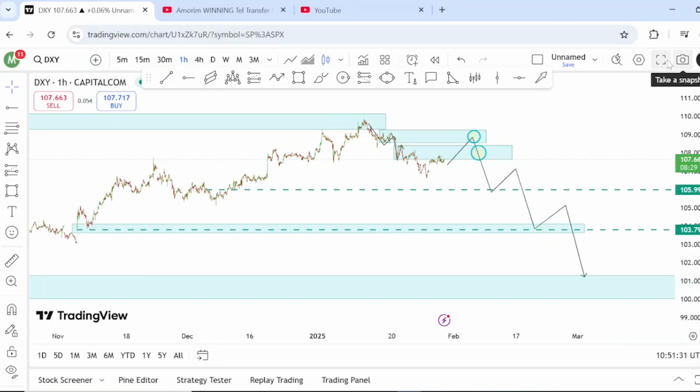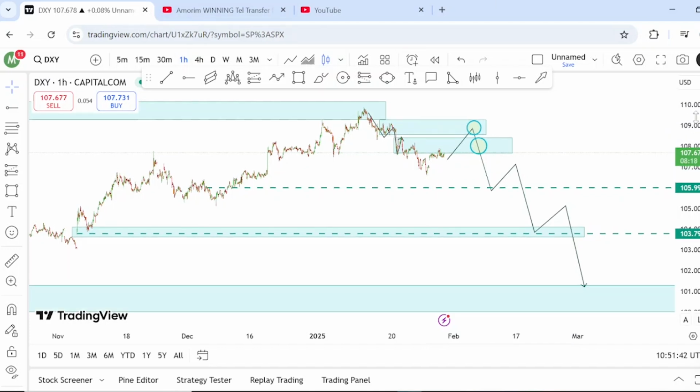The reason why we like to talk about the dollar index is that all the pairs related to the dollar will be easy for you to understand when the dollar is moving up. If you get a currency pair with the dollar as the base currency, then if the dollar is moving up, that pair will be moving up also.